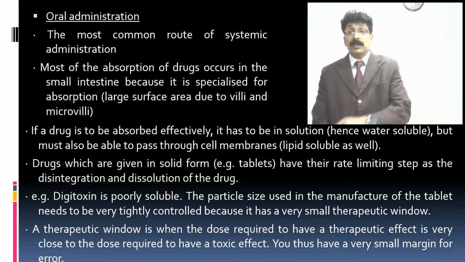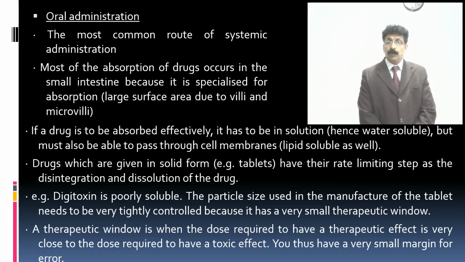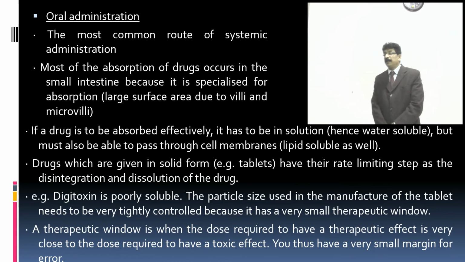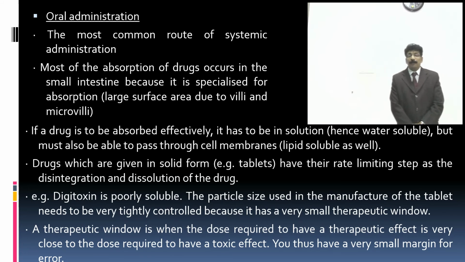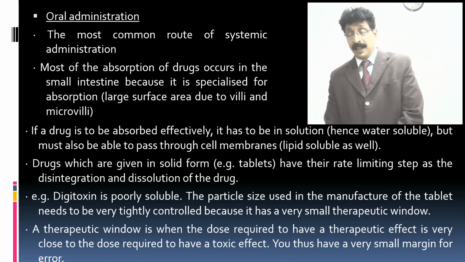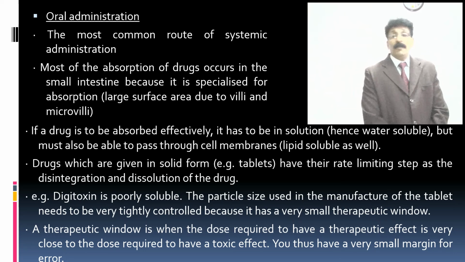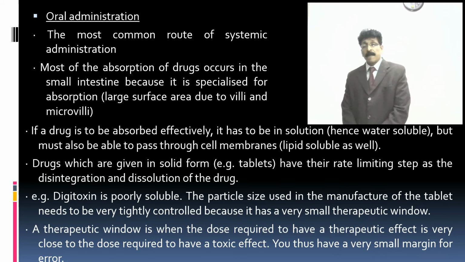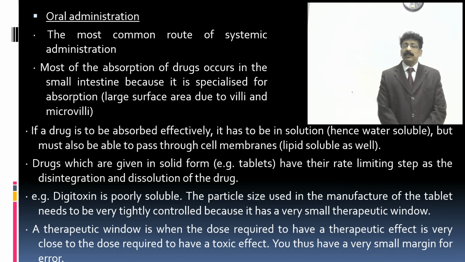That's what I told. Suppose a compound has 20 milligram as the therapeutic effect dose and its toxic dose is within 30 or 50 milligram, then it is very dangerous for us and it has to be monitored.